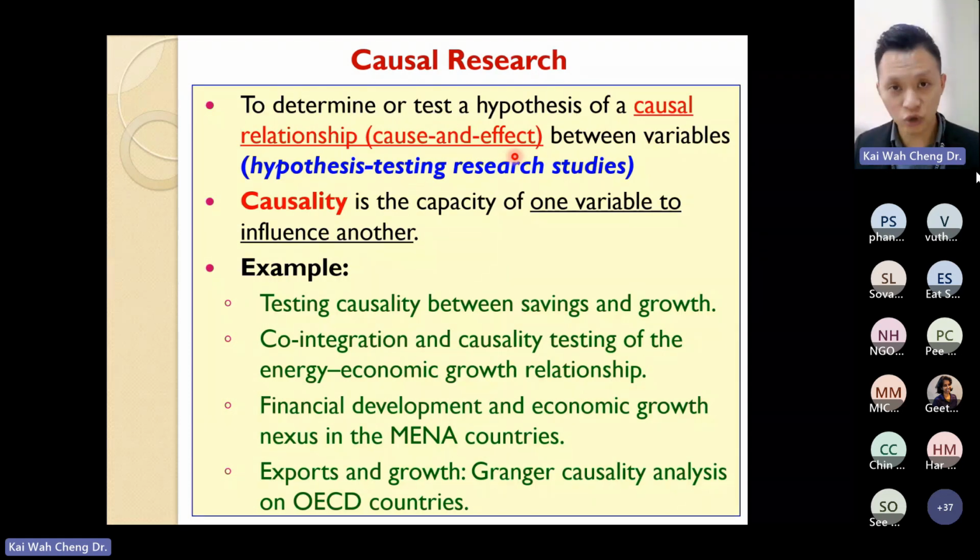So in this situation, we can call the research causal research, because causal refers to cause and effect. So this is one of the examples under causal research. You are testing a causal relationship between the independent variable and the dependent variable. So this is what we call causal research.